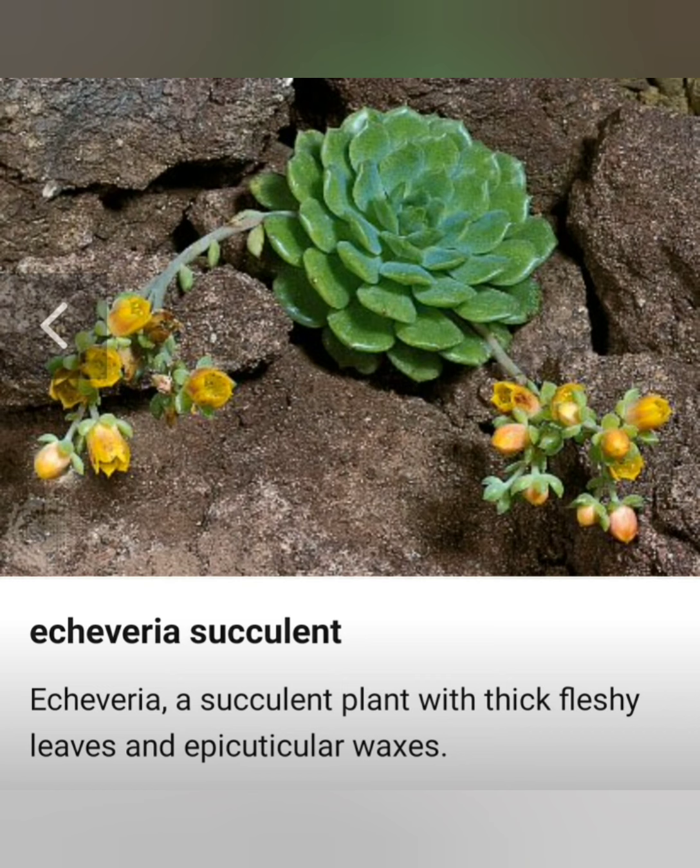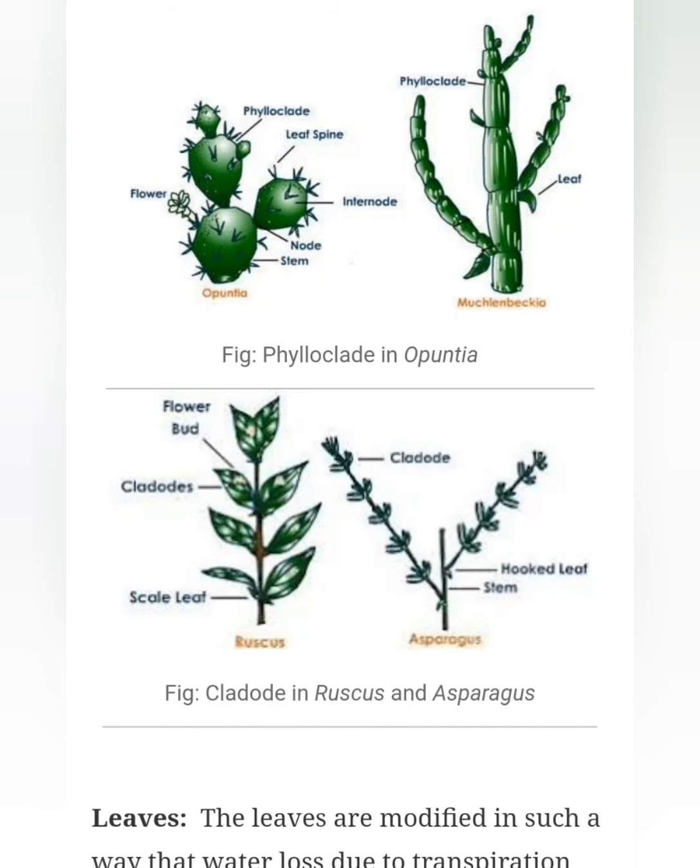Let me show you some diagrams. Here, the first figure is of a phylloclade in Opuntia. The phylloclade is the fleshy, green, leaf-like stem, which becomes swollen and bulbous.